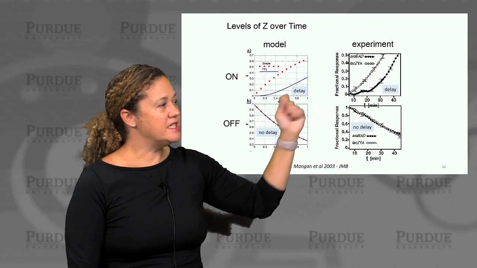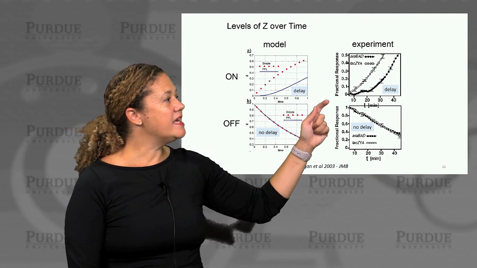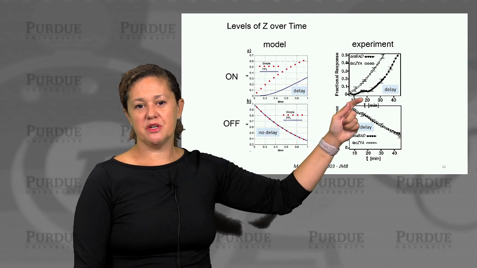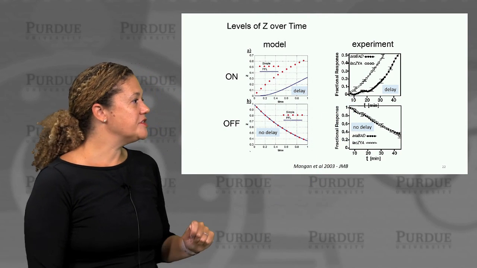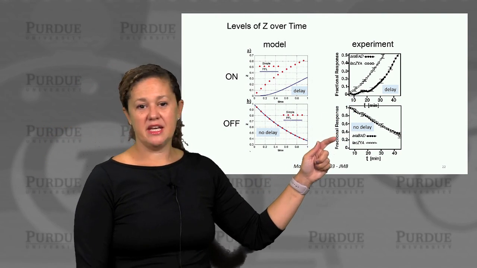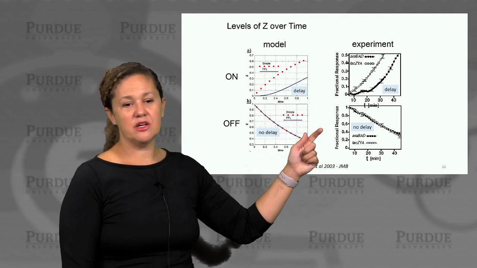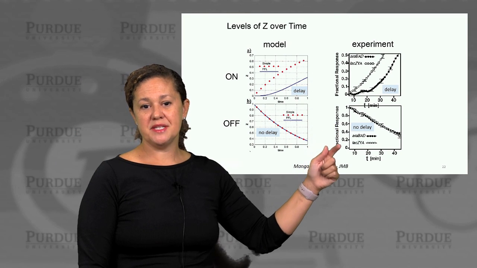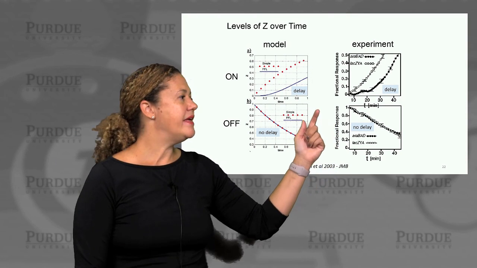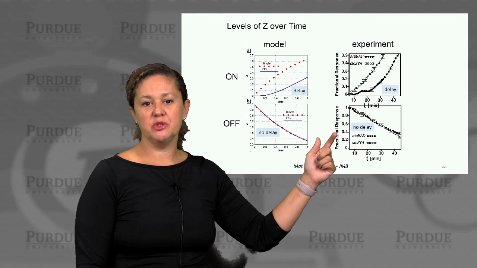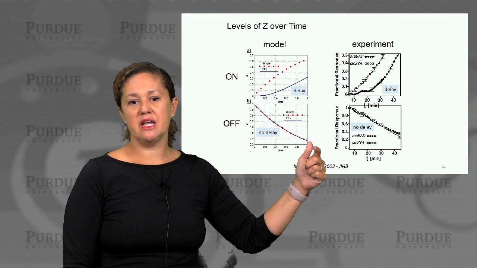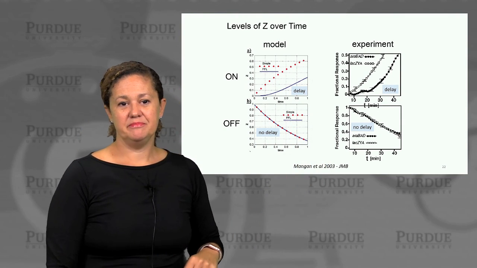For the on condition, a delay in the feed-forward loop was observed. And conversely, in the off kinetic situation, turning the system off, we saw identical behavior in both the real simple, and the real feed-forward loop. Again, both looking like simple decay.